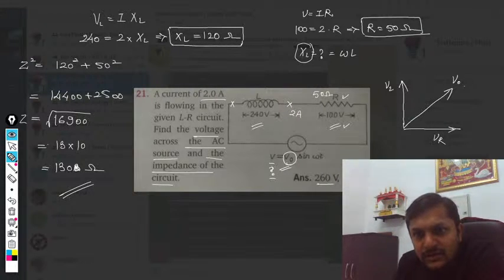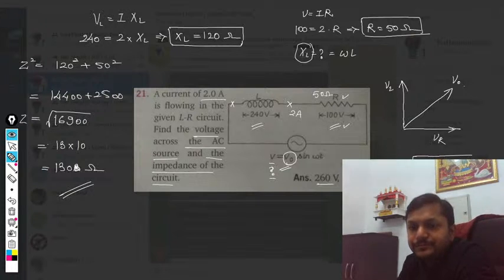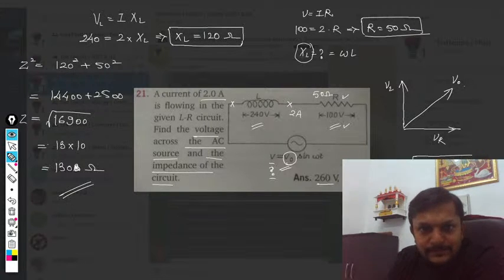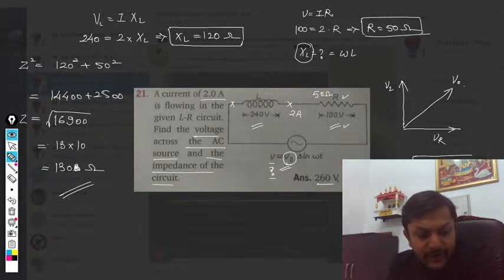V0 will be equal to the square root of this 240 square plus, yes, this will be absolutely right. We need to find it.